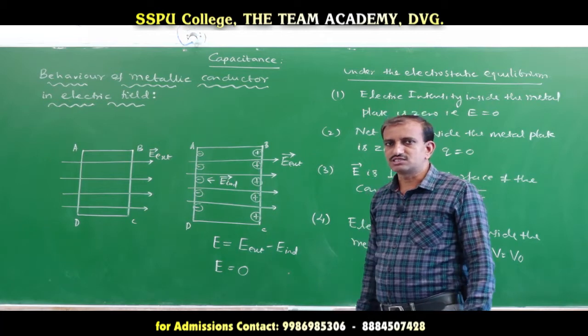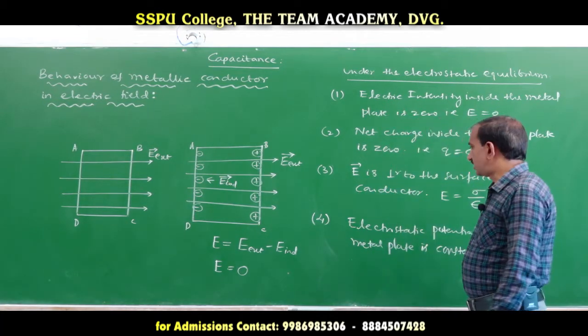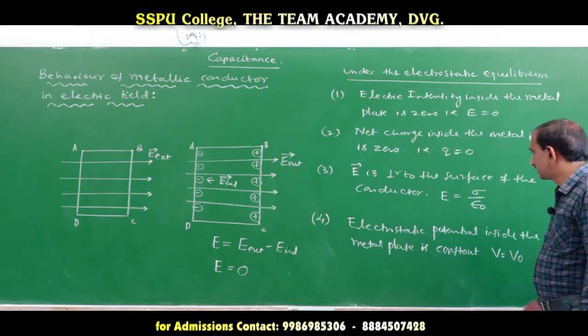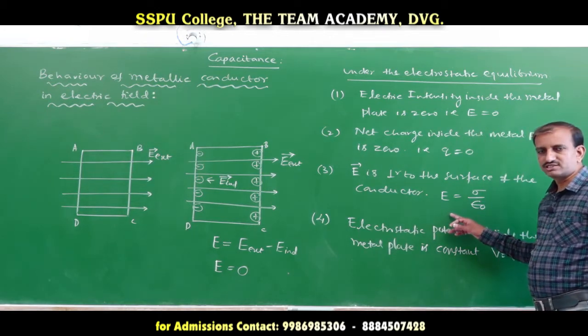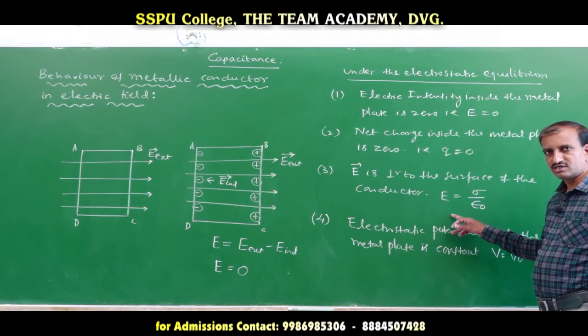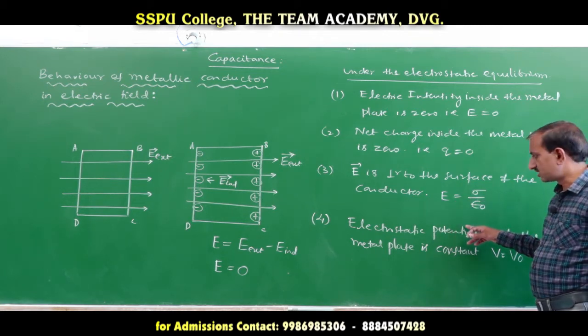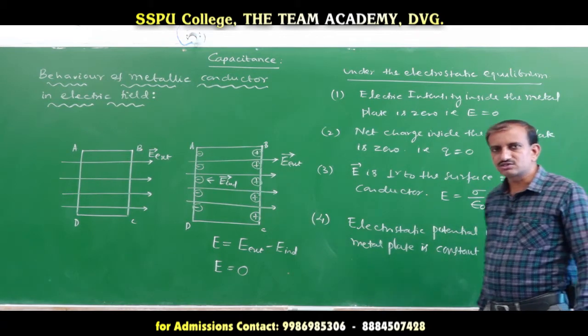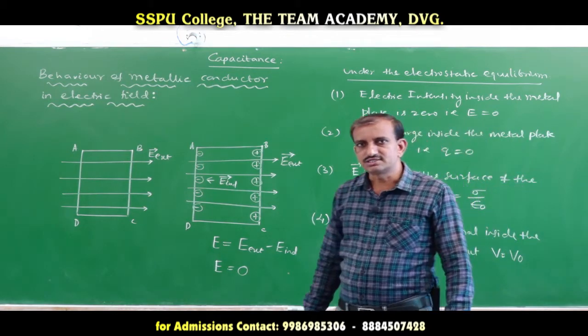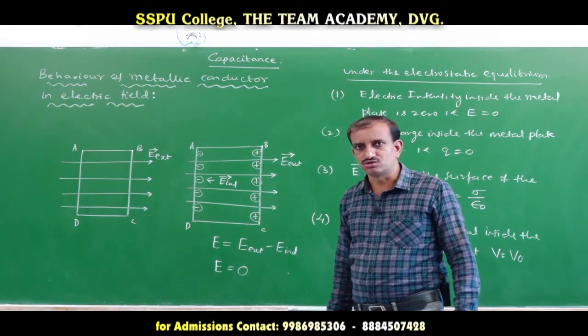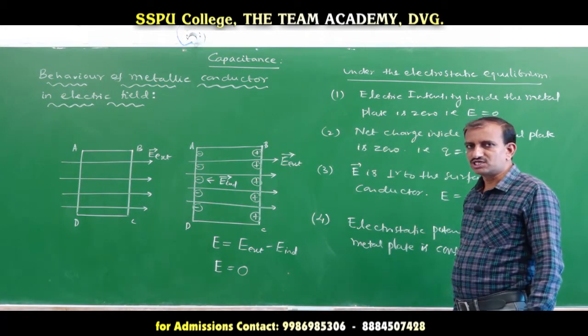The charges are distributed on the surface of the metallic conductor, and the electric intensity at any point on the surface or near the conductor is given by E equals sigma by epsilon naught. The electrostatic potential inside the metallic conductor is constant and equal to the electrostatic potential on the surface of the conductor.